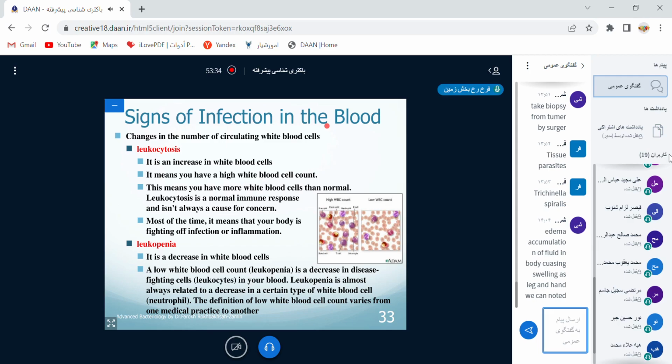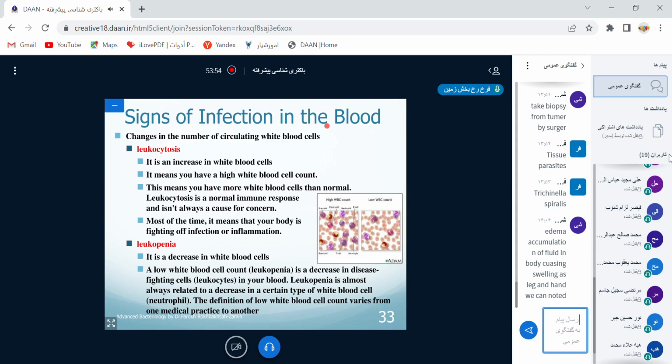Some bacteria like Pseudomonas aeruginosa are multiplying in the skin, but sometimes they can go to the blood and remain there. So in the next page, I tell you what's happening.